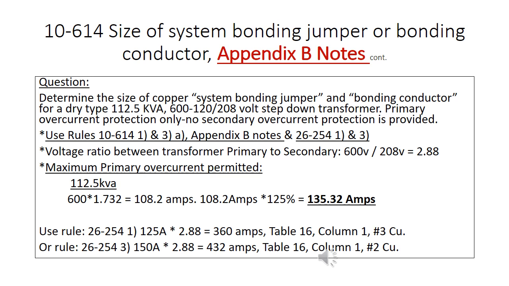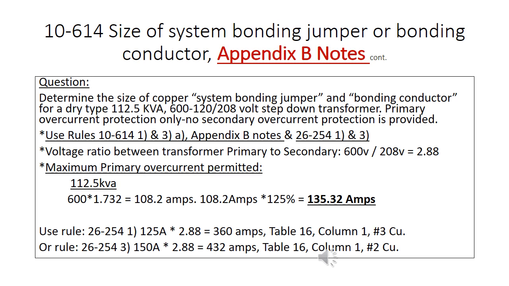Primary overcurrent protection only. There is no secondary overcurrent protection provided in this situation. Use Rule 10.614, Subrule 1 and 3A, Appendix B notes, and Rule 26.254, Subrule 1 and 3 will also be used.